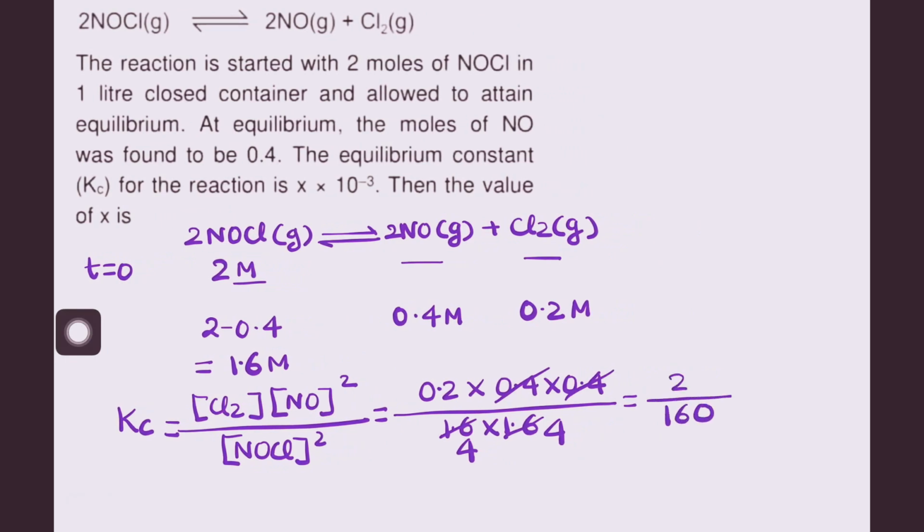If we do the calculation, we'll be getting 0.0125. And that can be written as 12.5 into 10 raised to minus 3. So basically the value of x here is 12.5. That's the final answer.